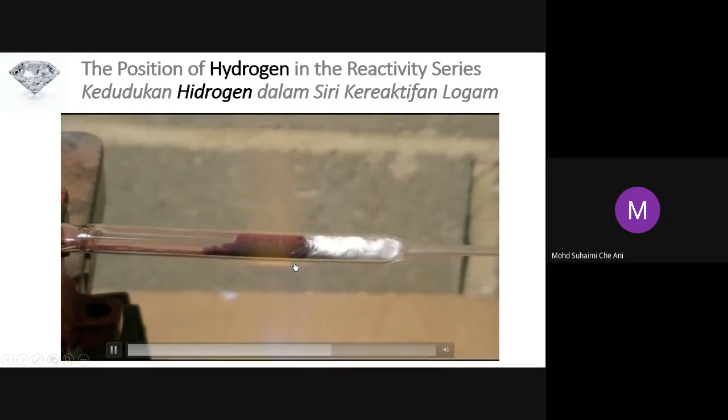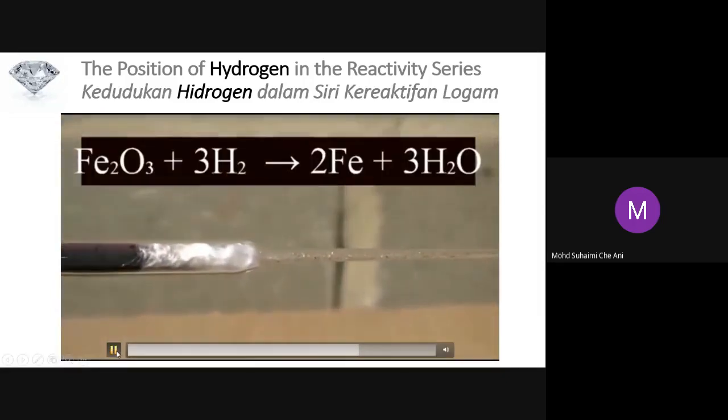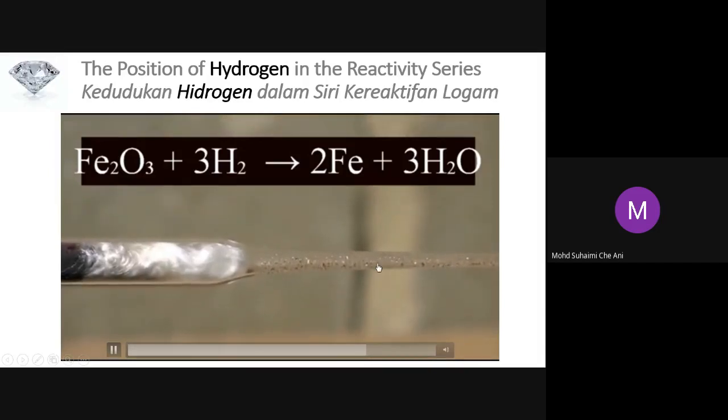Okay, the powder turns from brick red color to black in color. It means that you get the reaction. So this one is Fe2O3, iron oxide, plus hydrogen gas. You get iron, Fe only, plus water. So you can see water vapor inside this small tube over here.